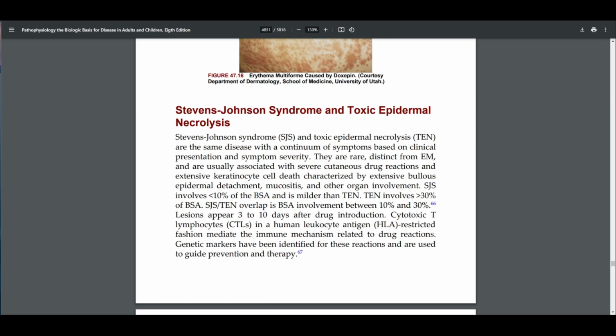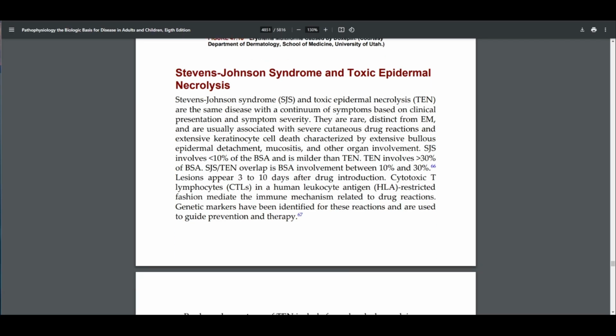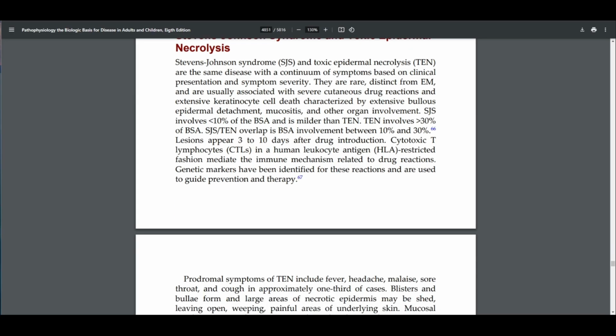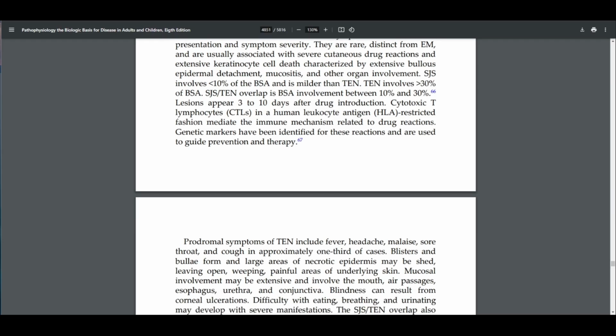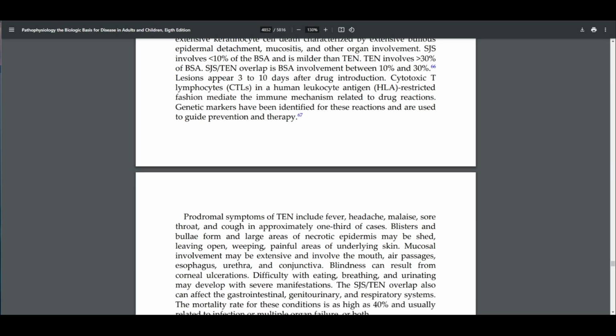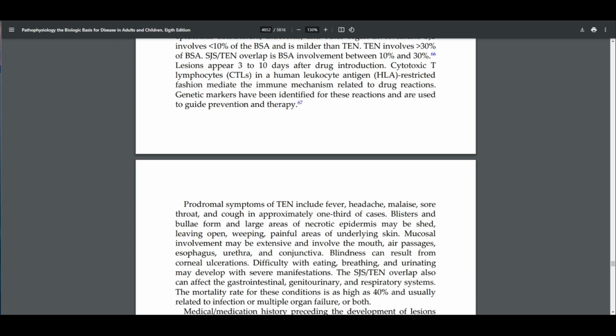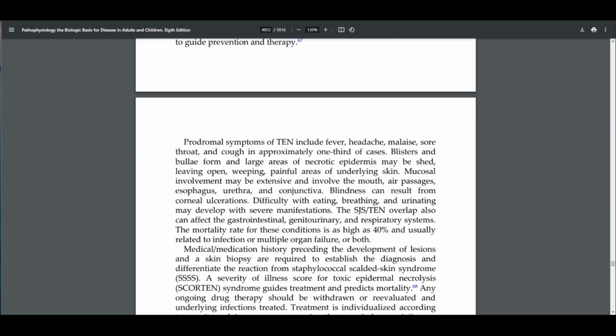Lesions appear 3 to 10 days after drug introduction. Cytotoxic T lymphocytes in a human leukocyte antigen restricted fashion mediate the immune mechanism related to drug reactions. Genetic markers have been identified for these reactions and are used to guide prevention and therapy.